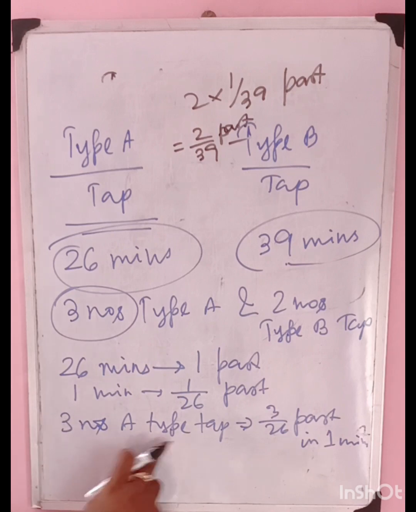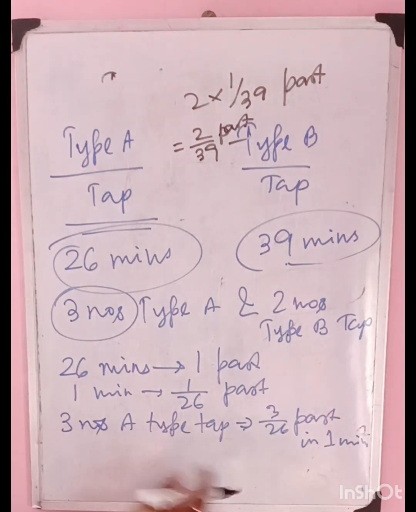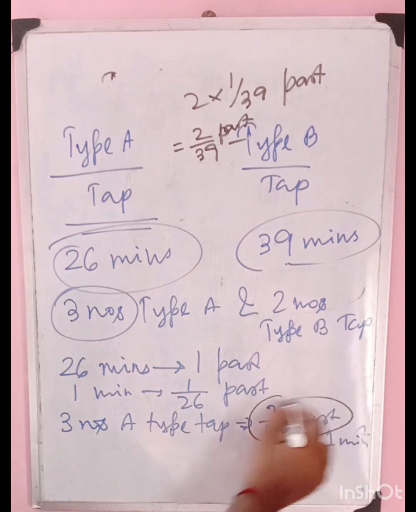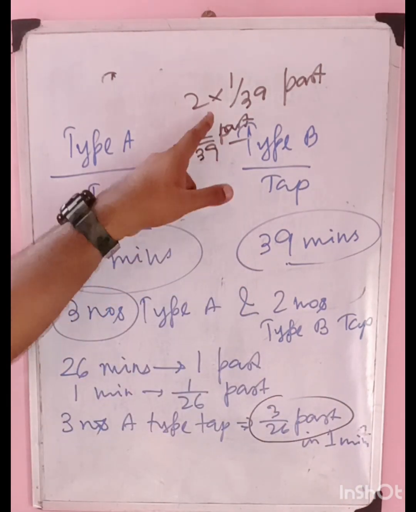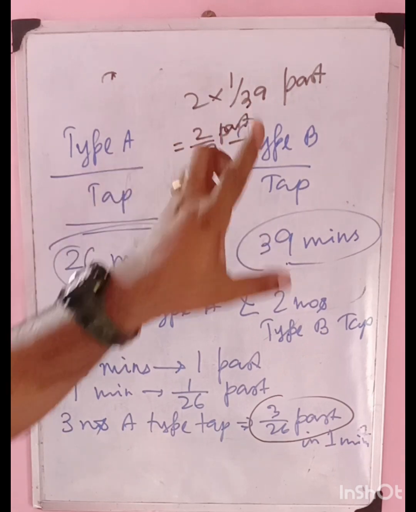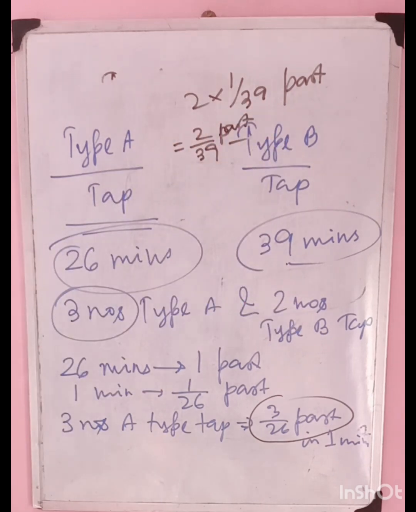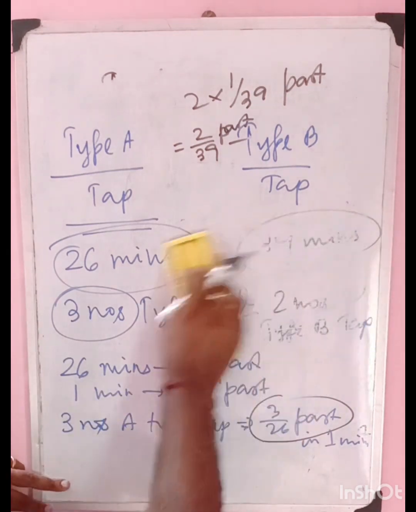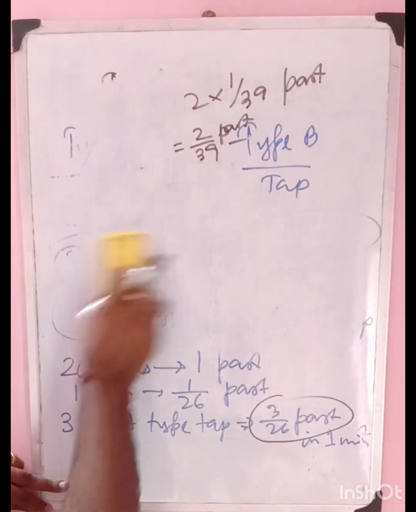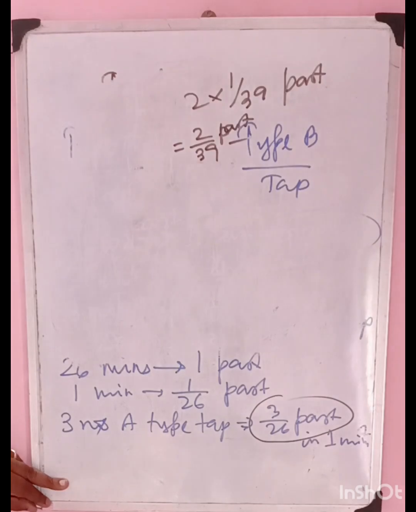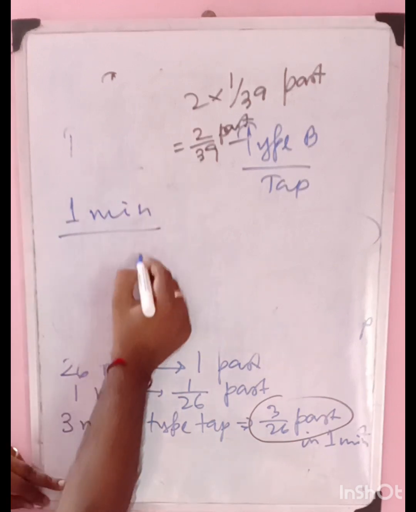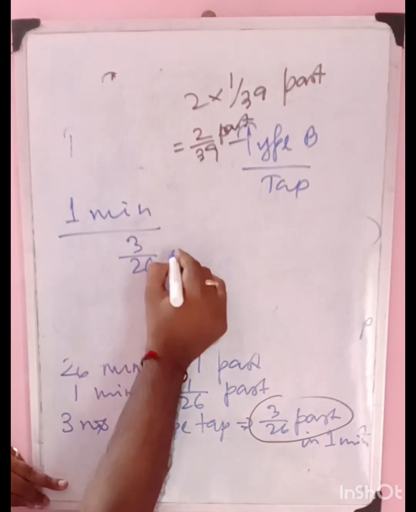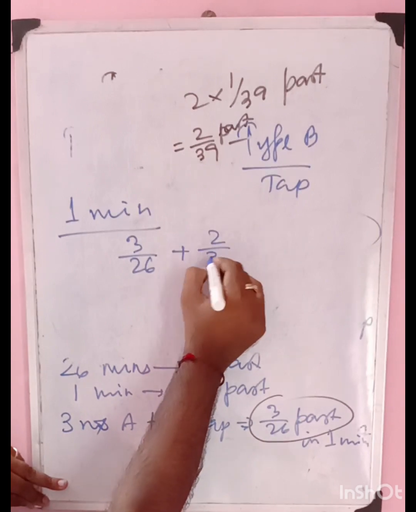So from type A tap, we are getting 3 by 26 part in 1 minute, and from type B tap, we are getting 2 by 39 part in 1 minute. So if they all are open together, what will happen? In 1 minute, it will fill 3 by 26 plus 2 by 39 part.